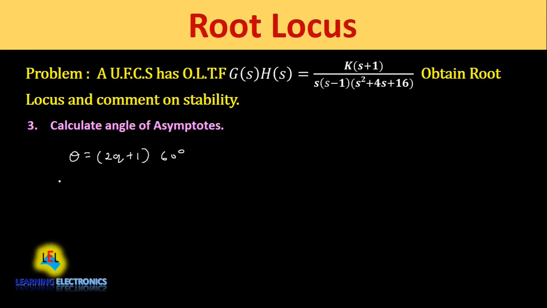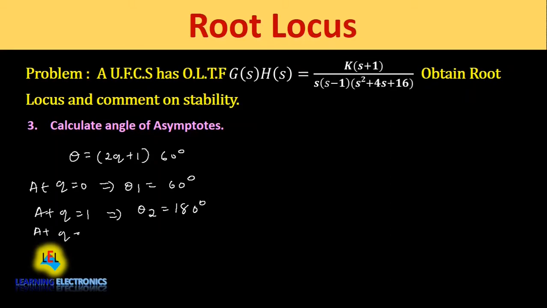First we take q is equal to 0. At q is equal to 0, we have theta 1 is equal to 60 degrees. At q is equal to 1, we have theta 2 is equal to 180 degrees, and at q is equal to 2, we have theta 3, which is equal to 300 degrees. So we have three angles of asymptotes.